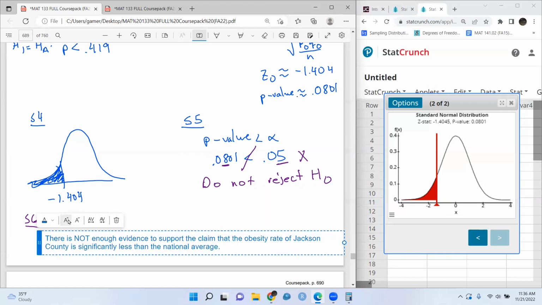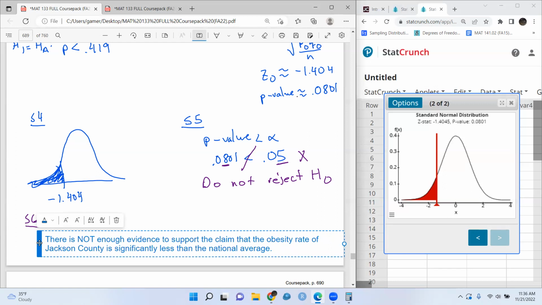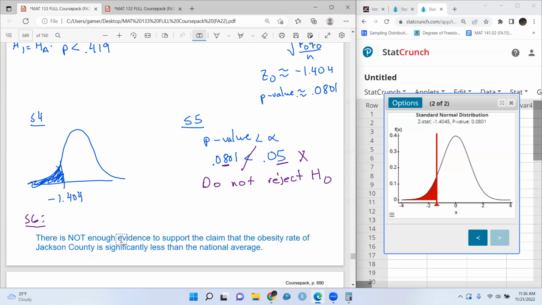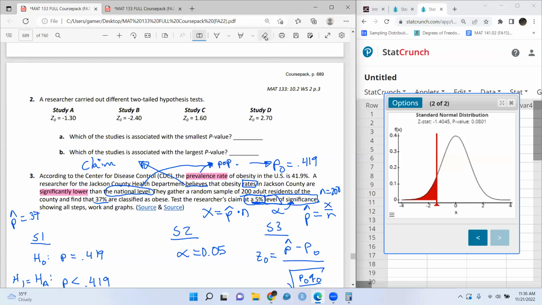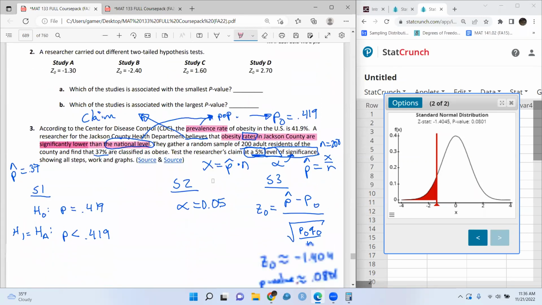It doesn't particularly matter. But you do have to write either there is not enough evidence or there is enough evidence, and then to support the claim, and you can just copy and paste the claim right here. Here's the claim: obesity rates in Jackson County are significantly lower than the national average. That's the phrase that you can toss in there.